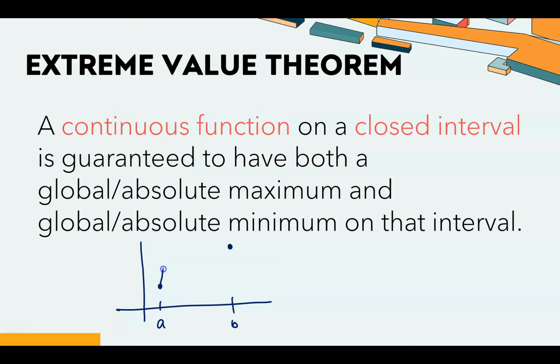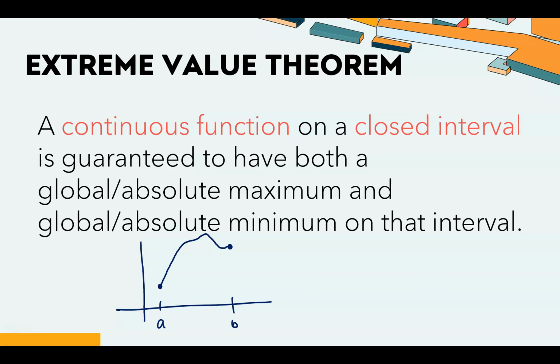Does it have a minimum? It does. So is there any way to connect these two dots with a continuous function where there's no highest y value? And of course that's not the case. The extreme value theorem says if you have a continuous function but on a closed interval as compared to an open interval, we'll do that in a second, that function on that interval is guaranteed to have one highest y value and one lowest y value.